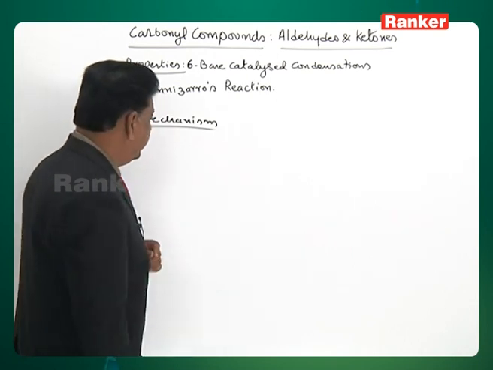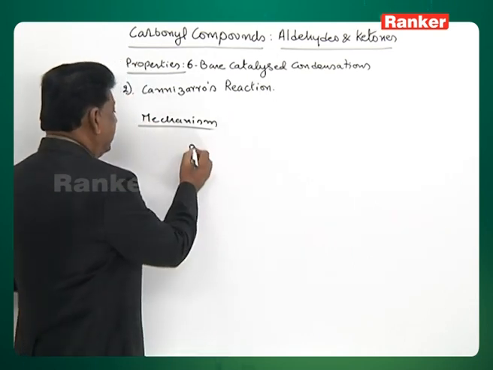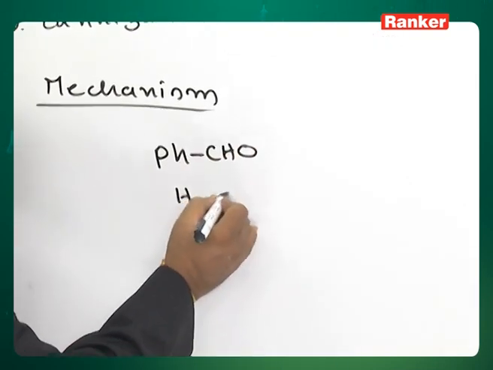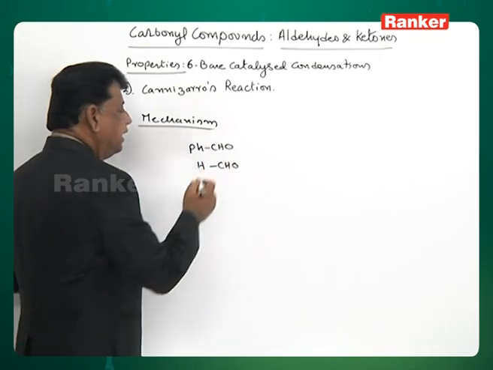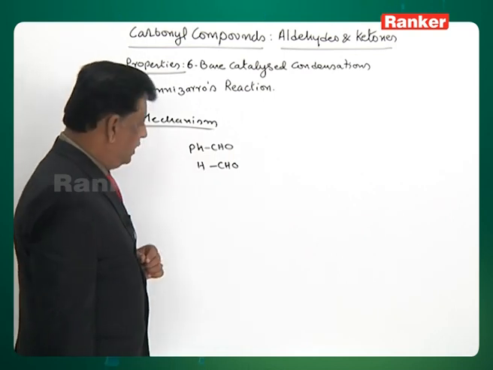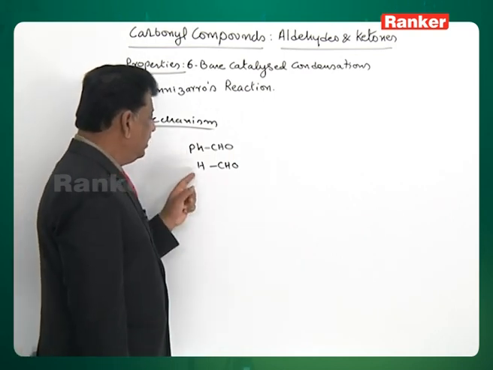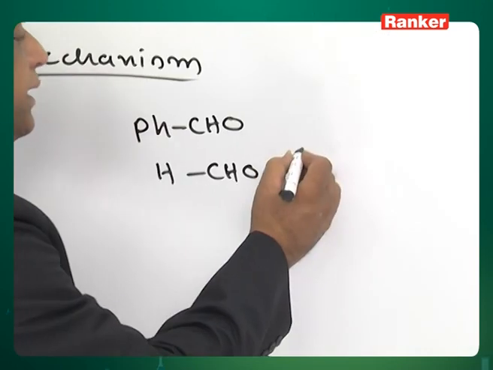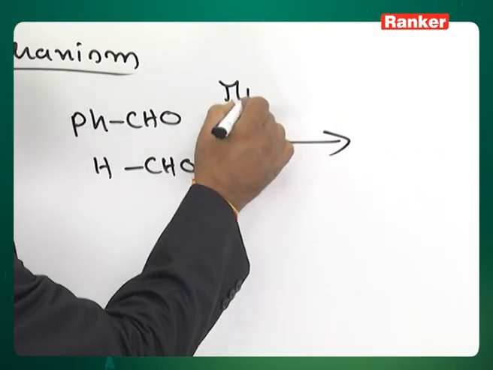One or two slightly different examples, like if I take a mixture of benzaldehyde and formaldehyde, here both are eligible for the Cannizzaro reaction, but I have taken 2 different varieties. You can call it a mixed Cannizzaro reaction.